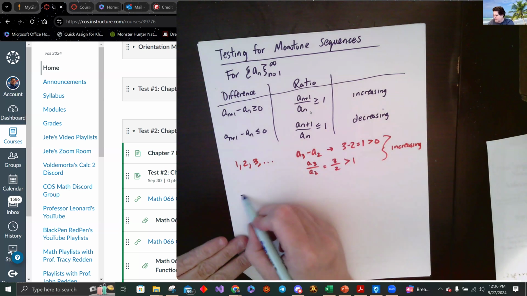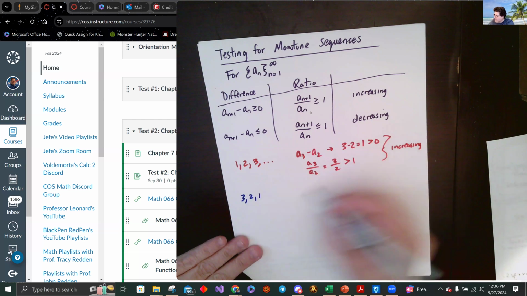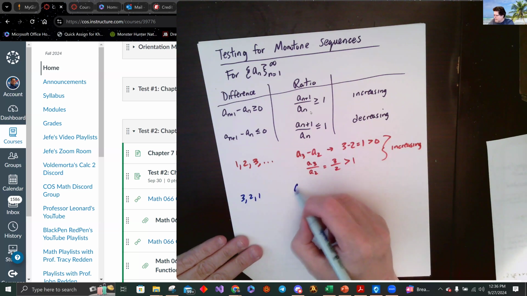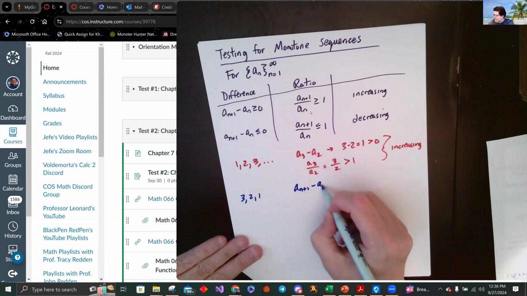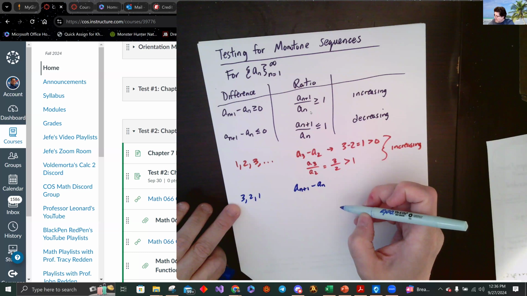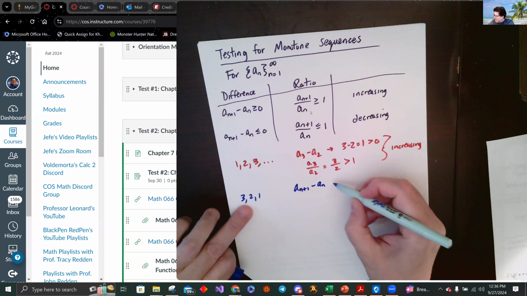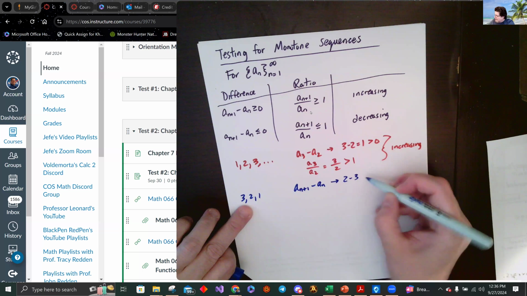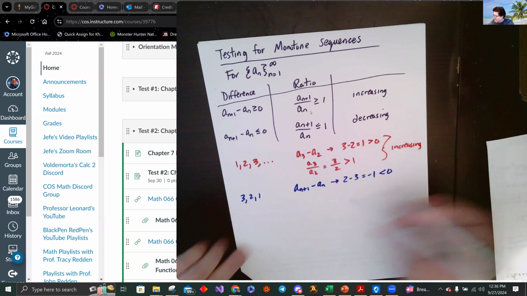And if you're counting down, doing any two in a row, a sub n plus 1 minus a sub n. If I do 2 minus 3, I get -1, which is less than 0.